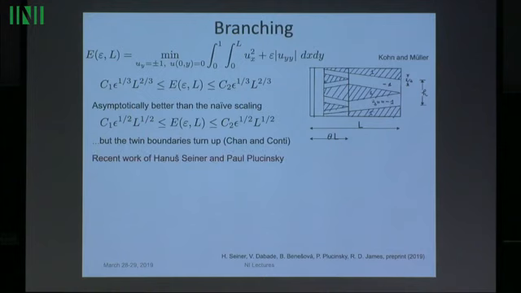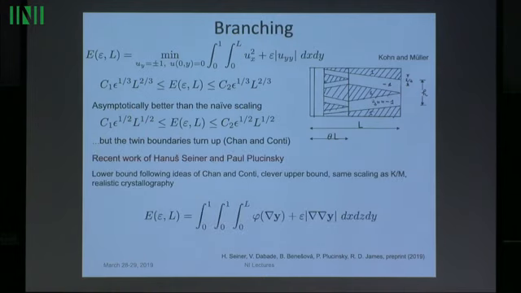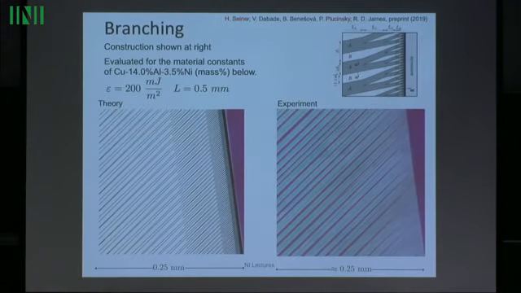Recently these models have been made more realistic, partly due to the work of Chen and Conti and partly due to Hunter Steiner and Paul Klaczynski. But in any case, this branching can also be explained, and this is a kind of realistic test function in copper with the measured parameters of copper, aluminum, nickel, and moduli and so forth of the branched microstructure.